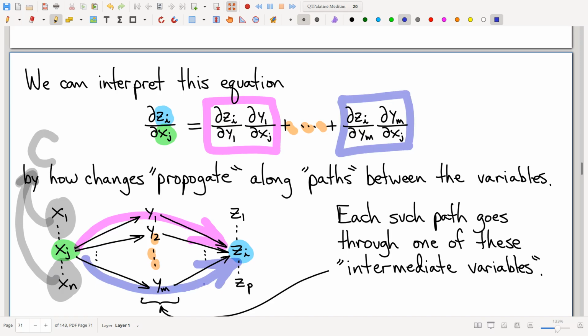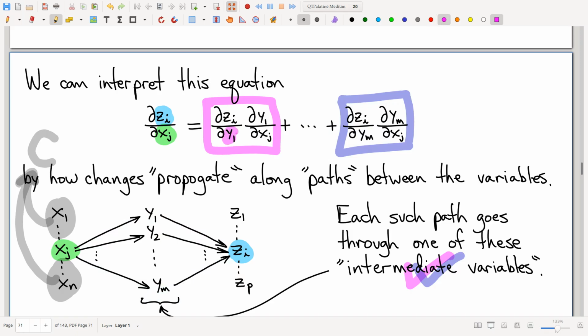So terms correspond to paths, and you will also notice that each path is identified by one of these, what I call intermediate variables, and I think that's a somewhat standard term. So terms correspond to paths, paths correspond to intermediate variables, and so the nice streamlining of all of this is that each term corresponds to an intermediate variable.